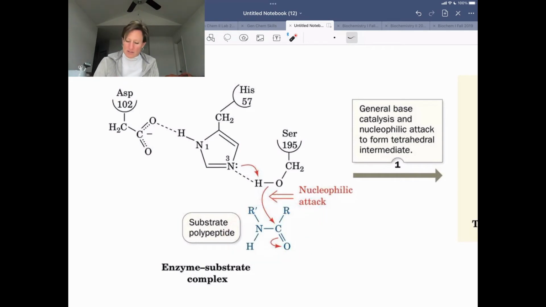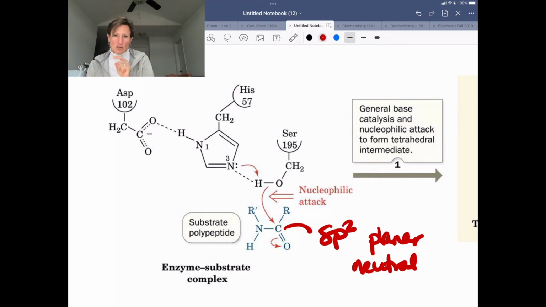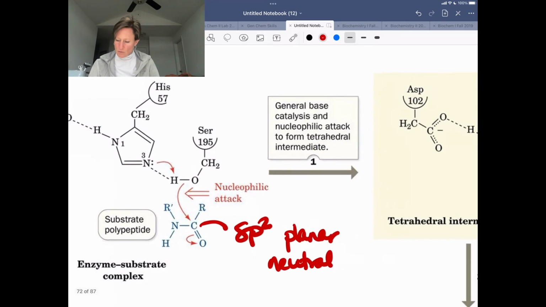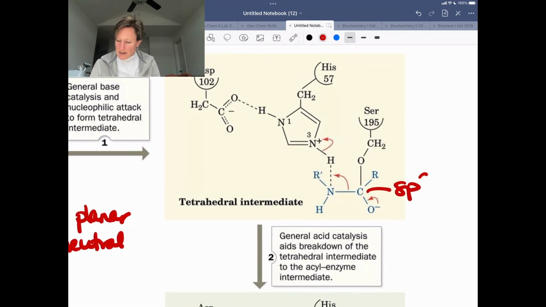Right now, this carbon atom is sp2 hybridized. Let's actually write it in here. This is sp2 hybridized, so it is planar, and it's also neutral in terms of its charge. Once we do this chemistry and generate a tetrahedral intermediate, this tetrahedral intermediate is now sp3 hybridized and it's negatively charged.